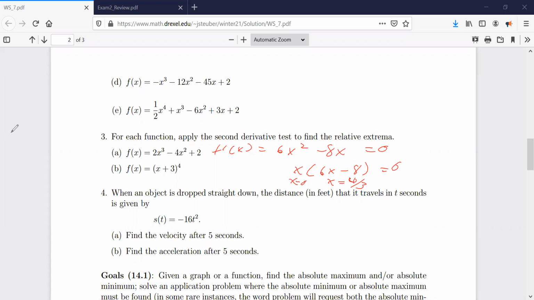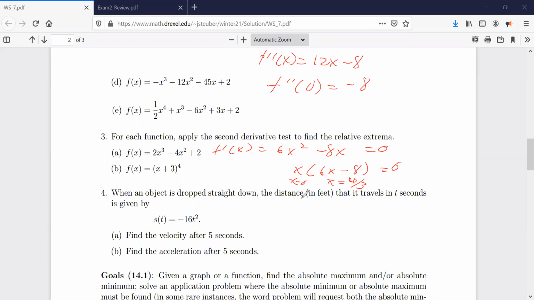And so that's going to define my two potential critical points. I want to find the relative extrema, or whether they're local max, local min, whatever. And I'm going to plug in the second derivative. So f double prime of x is now going to be equal to 12x minus 8. I'm going to plug in these 2 points. So if I do f double prime of 0, that's equal to -8.